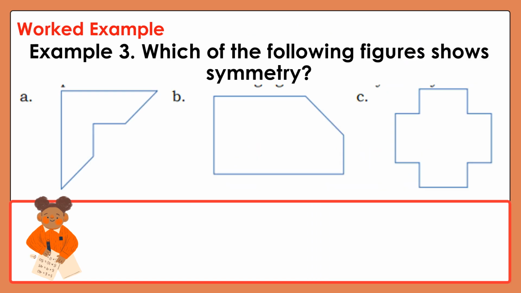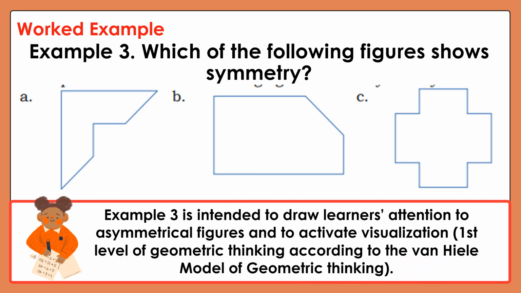Example number 3, which of the following figures shows symmetry? Is it A, B, or C? For example number 3, this is intended to draw learners' attention to asymmetrical figures and to activate visualization.